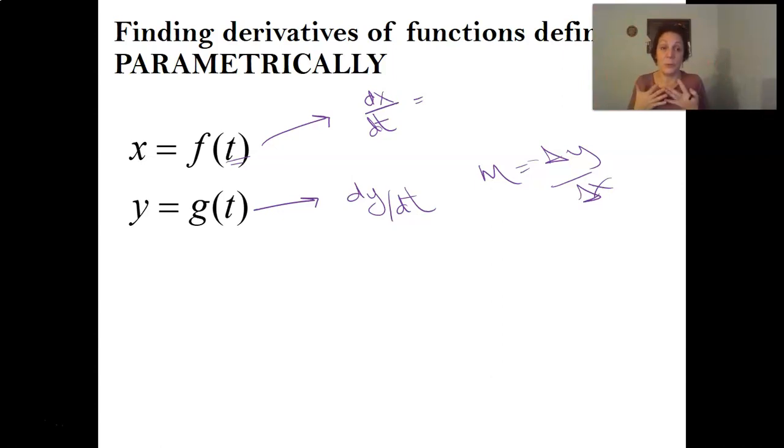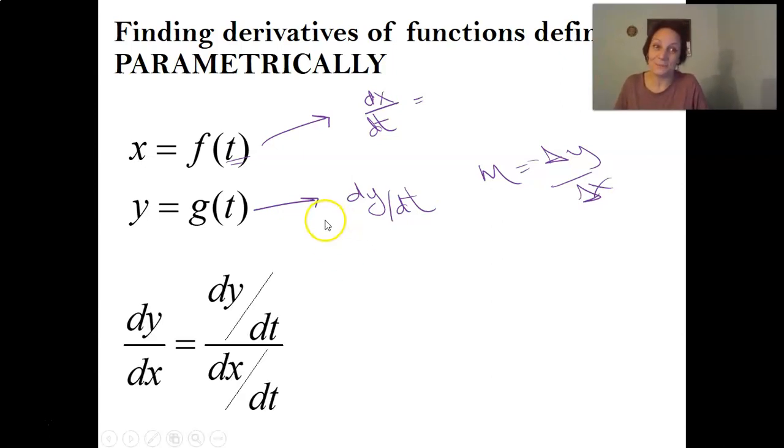The slope of a graph between 2 points is a change in y over a change in x. So in order to find dy dx, I've got to find a way to combine these two and get that t out of there, because what I need isn't a dx dt or a dy dt. When I go to my graph, there's no t, it's just y's and x's. So I need to eliminate that t. I need to eliminate the parameter.